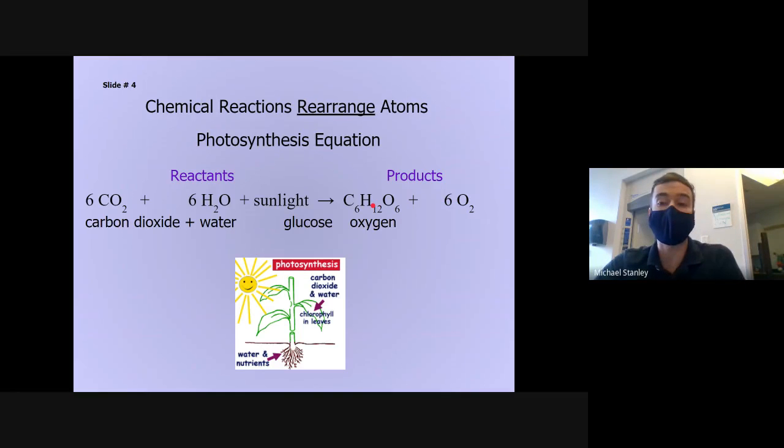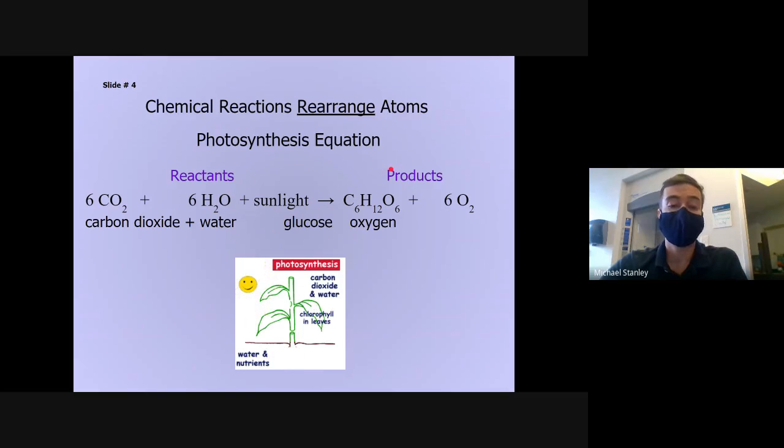One of the main things that I talked about yesterday is that we have the same types of atoms on each side. On our reactant side, we have some H's, we have some O's right here and here, and we have some C's. On our product side, we also have some H's, some O's right here and here, and some C's.